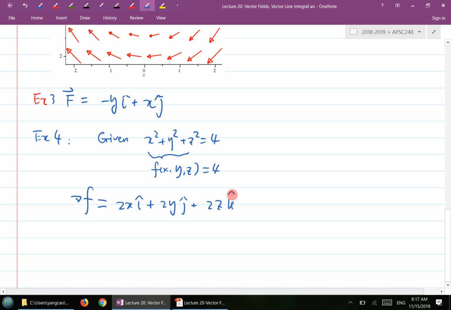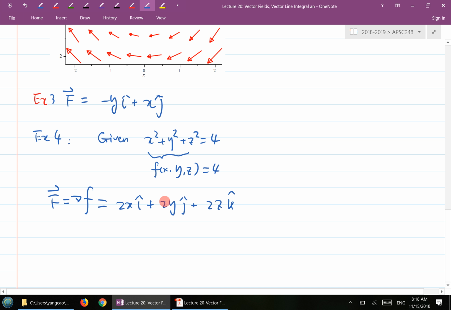So you get this gradient vector, and this is a vector. Let's call this vector F. And this essentially is a vector function. So you can see whenever you take a gradient of a scalar function, you will get a vector function. And that vector function will generate a vector field.